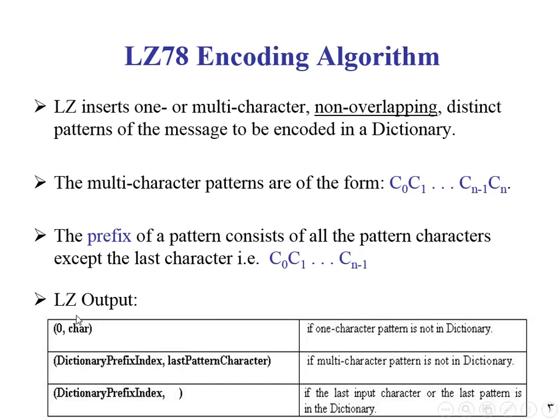We have three options to encode the character based on its process of encoding. For example, if one character isn't in the dictionary, it will be encoded like that: 0 and the character, which means that the new pattern has no prefix before it. It is a new pattern consisting of only one character.